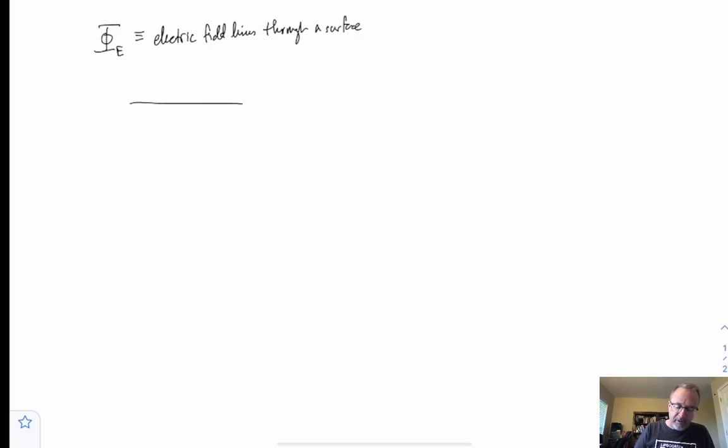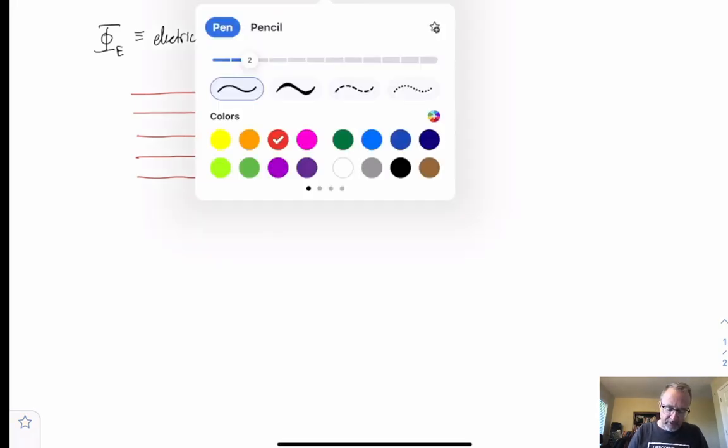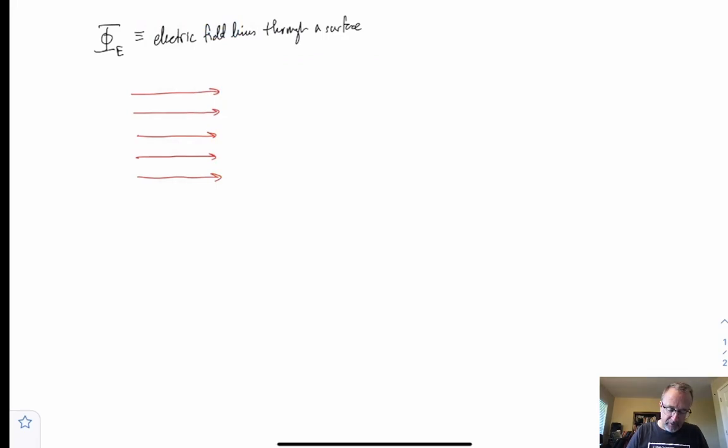Let's do electric fields in red. So I have an electric field here in the plus x direction, and I'm going to send it through a surface. Trying to do this in 3D, the surface is in the YZ plane.